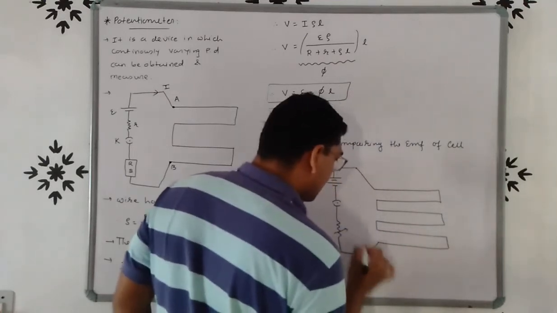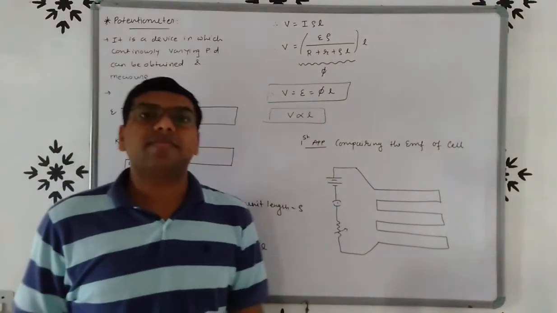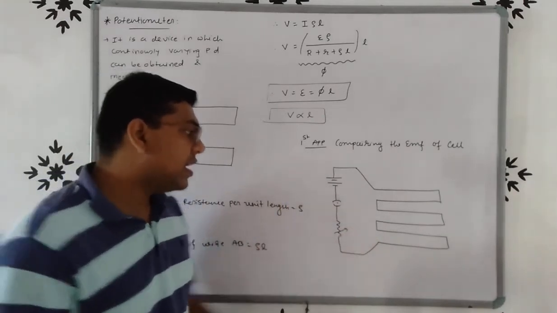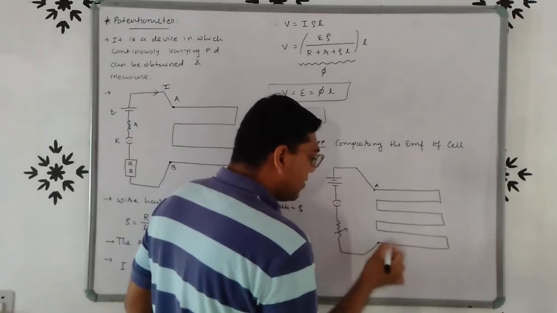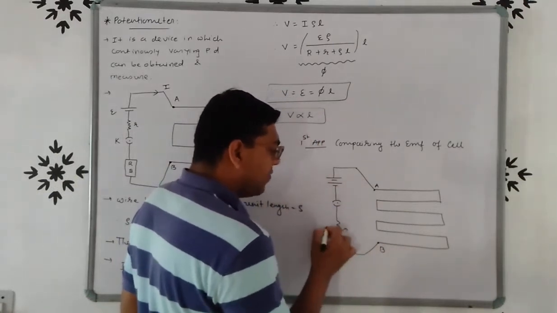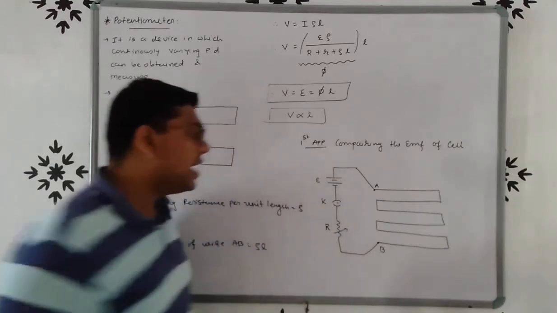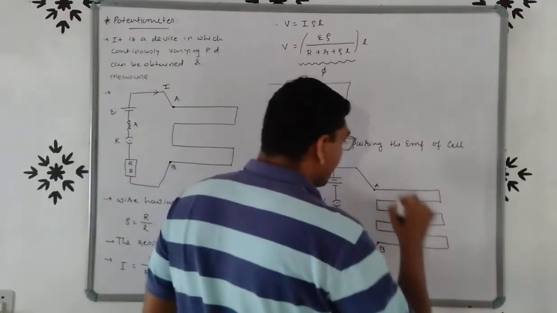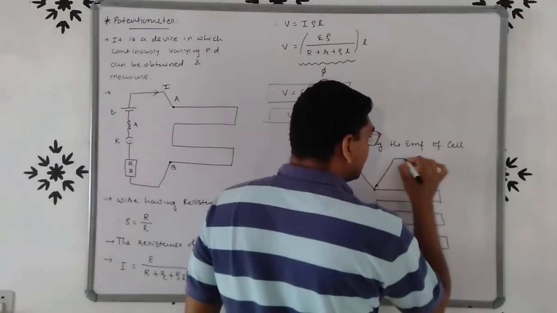So to compare the EMF of cells, the wire AB is connected with the battery, key and variable resistor capital R. Now we connect two batteries like this.